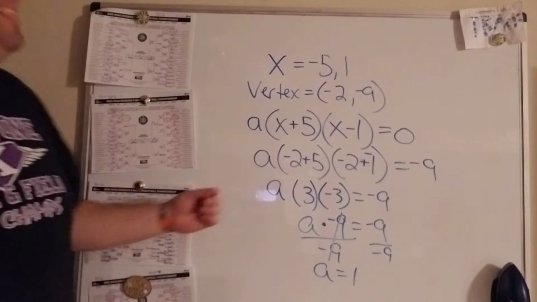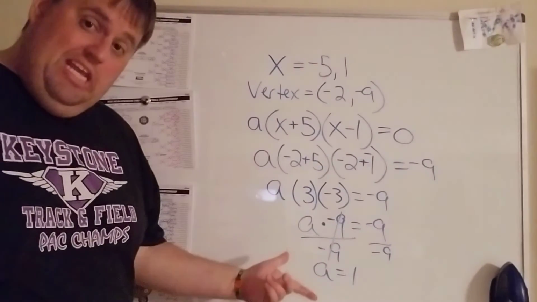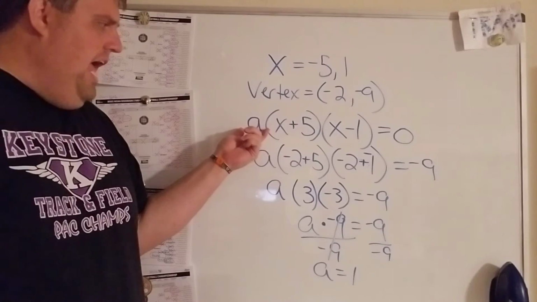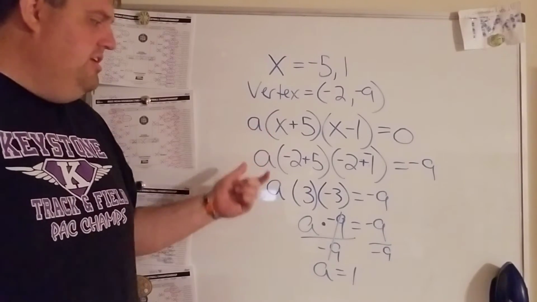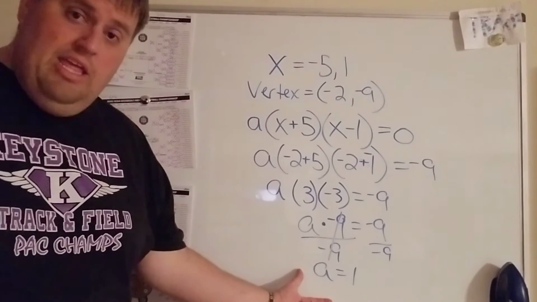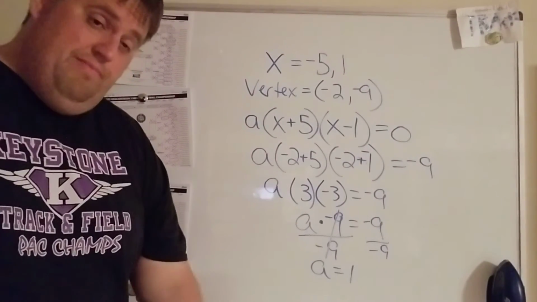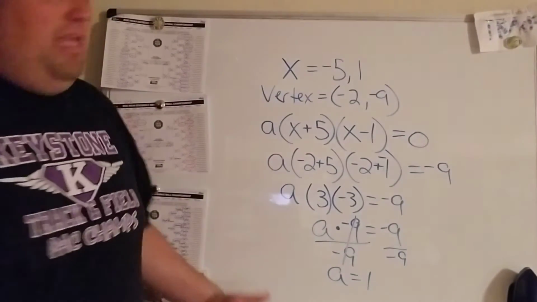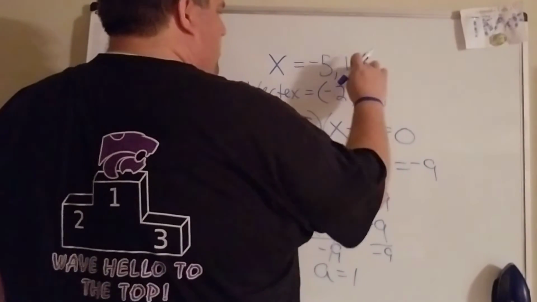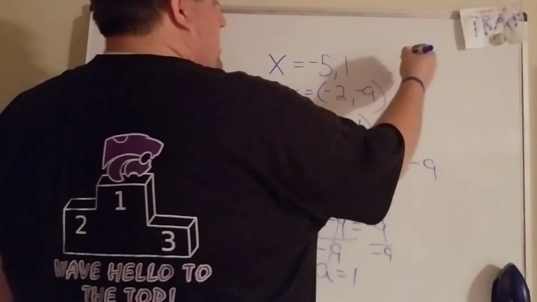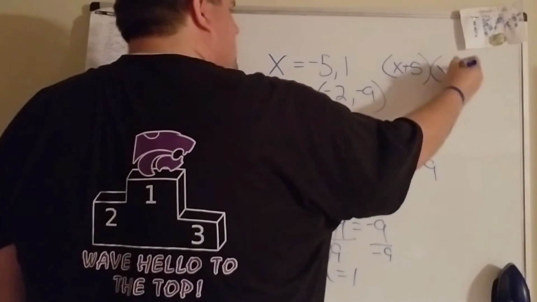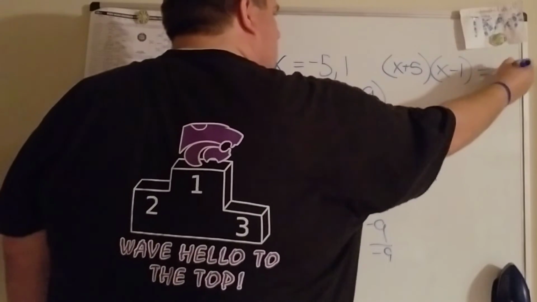So basically the last step is to see, did I have a GCF for my function? In this case, when I solve for a, I find out that no, it was just 1. So what does that mean for me? Well, that means my function is just x plus 5 times x minus 1 equals 0.